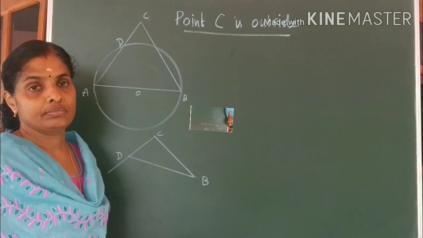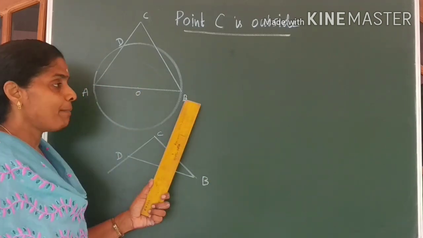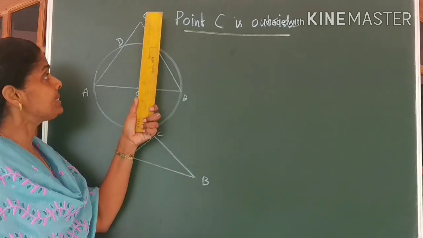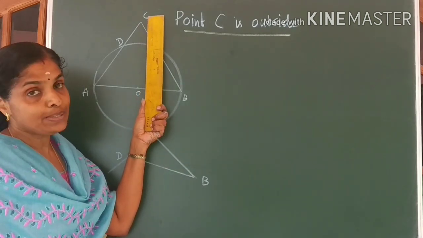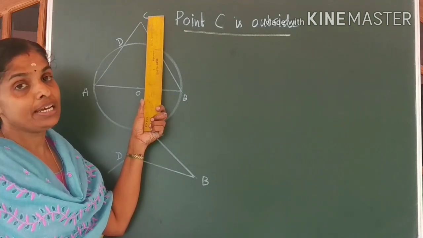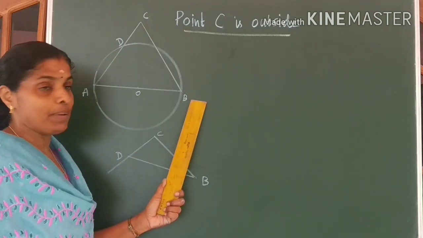I have drawn a circle with AB as diameter and I have marked a point C which is outside the circle. Now we are going to find out the measure of angle ACB.